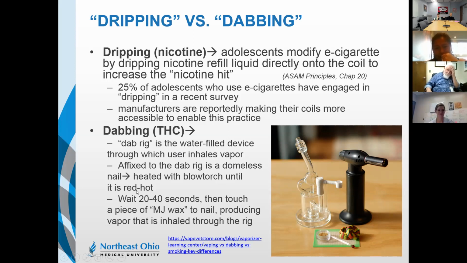So that right there sounds a little dangerous to me. You wait 20 to 40 seconds. Then you take a little bit of this stuff, which is the marijuana wax, and sometimes they call it shatter. So you take the wax or the shatter and touch the wax to the nail that's red hot, and then that produces the vapor, and then you inhale it through the rig. So that's what dabbing is, and it's a little bit different than dripping.